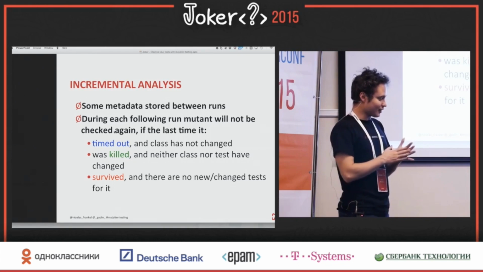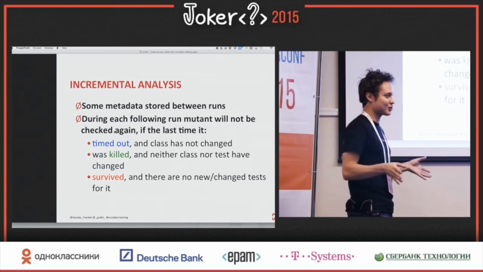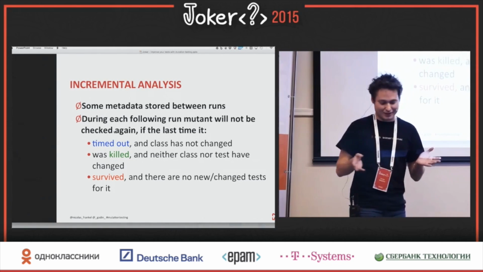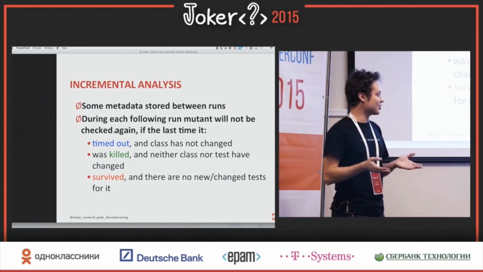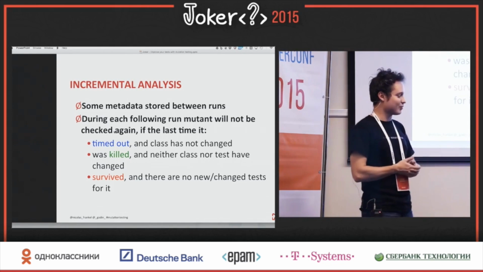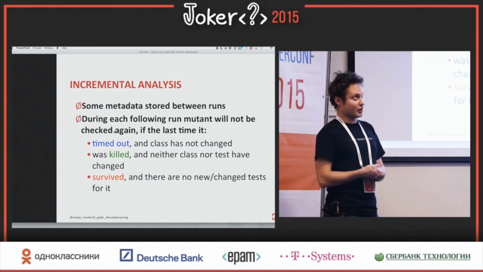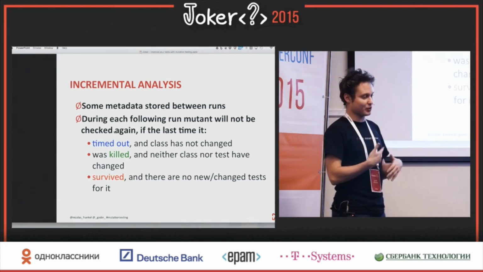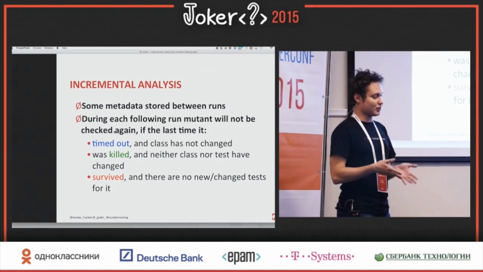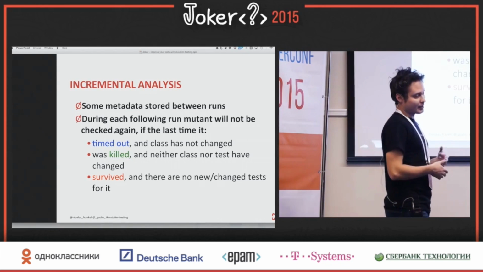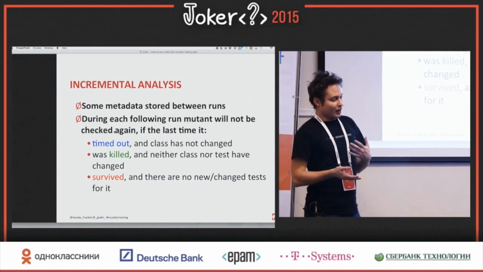In fact, Nicolas showed a nice way to reduce the search scope for mutation testing, but it reduces the scope and it doesn't really help much. In terms of time, okay, we cut it by a factor of 2, but not lower. In fact, for quite a long time, there is the ability to execute incremental analysis. You execute mutation testing once, you store some metadata, then during each following run, PIT is going to decide what to do.